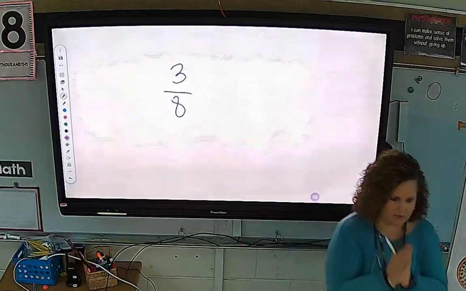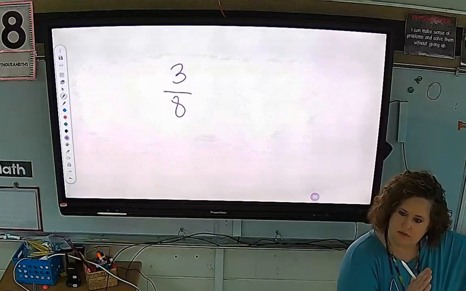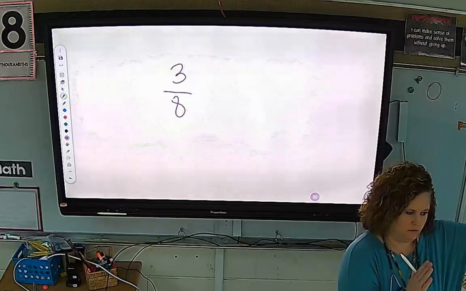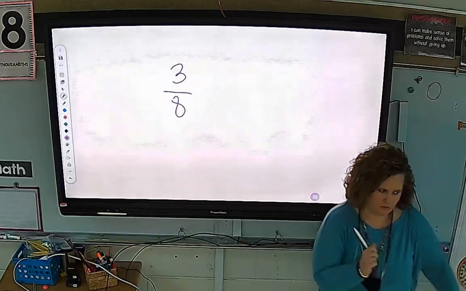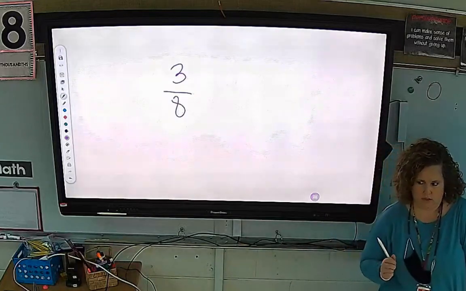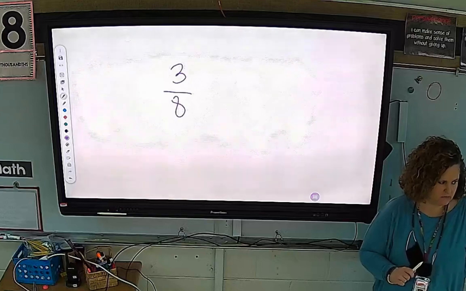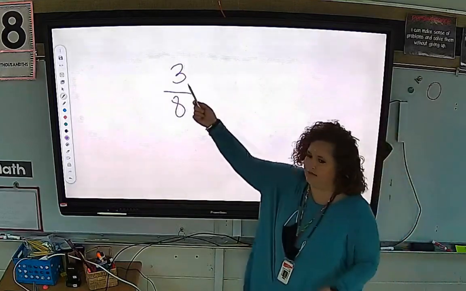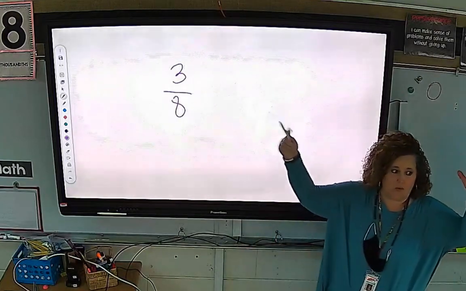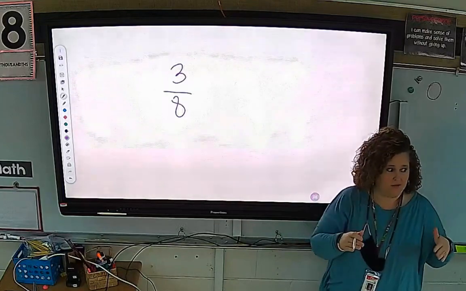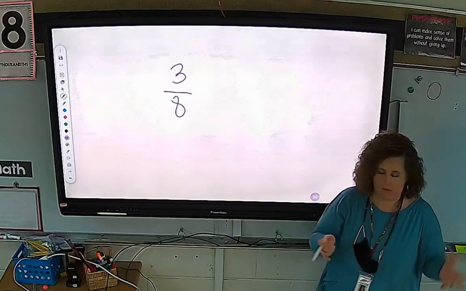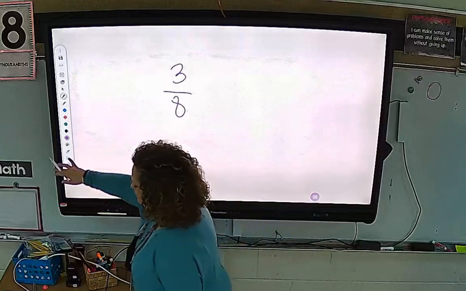I've gone all the way to 3/8. How much further is it to the 1 whole? Okay, trying to get you to think. Yep, 5. It's 5 more 8ths, isn't it? Because 3/8 and 5 more 8ths is going to equal 8/8, which we know is 1 whole. Okay, let's try another one.